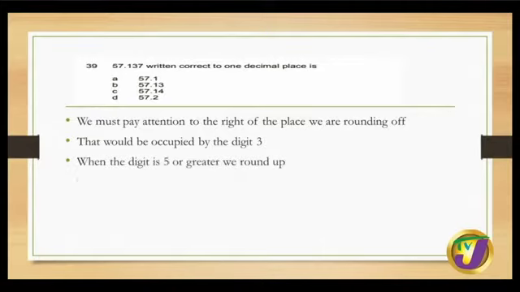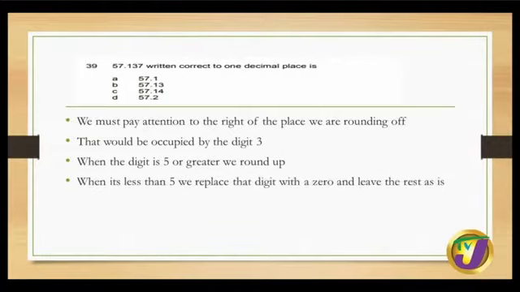When the digit is 5 or greater, we round up by adding 1 to the place we're rounding off to. When it is less than 5, we replace that digit to the right of the place with a 0, and the rest remain. So we're rounding off 57.137. 3 is less than 5, so we replace the 3 and all the digits that follow with 0.